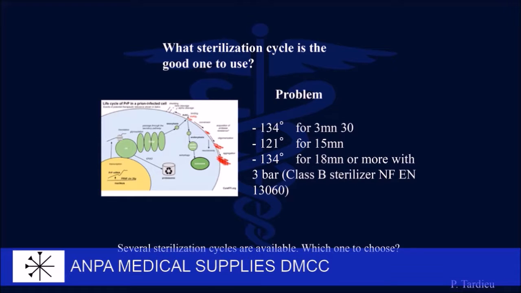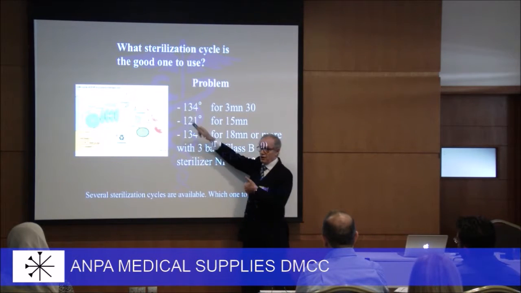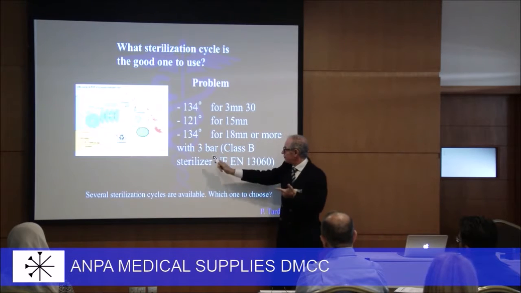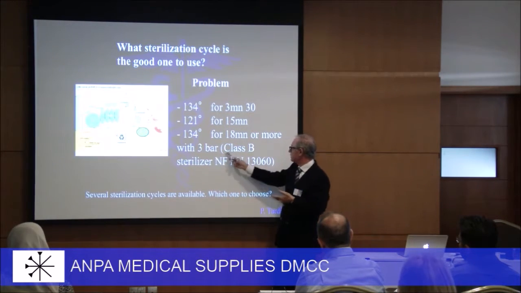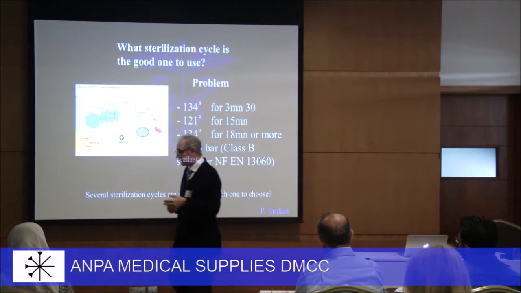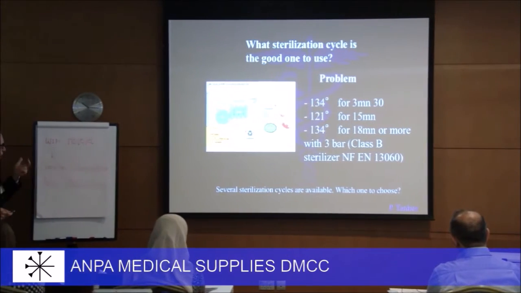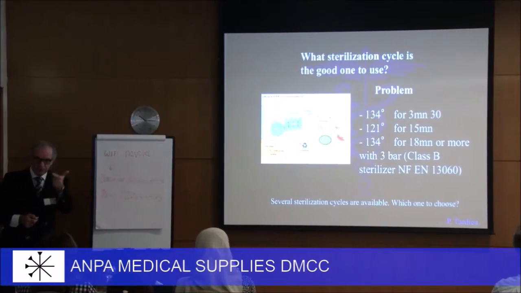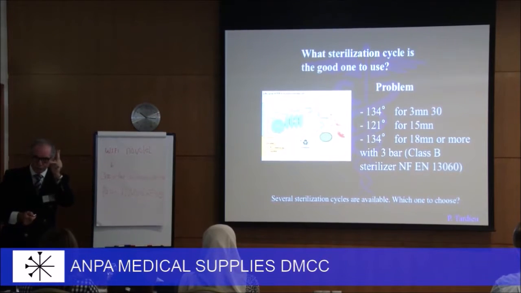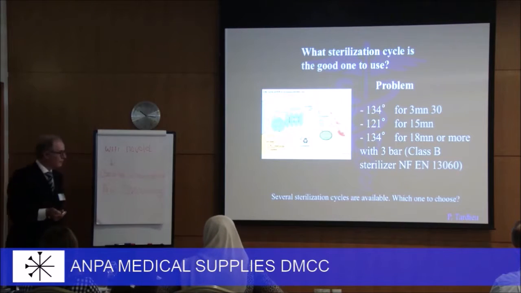Now you have something else: not only the temperature and the time, but also the pressure. So these are three things, and these are in a Class B sterilizer, which I strongly recommend you use. You need to prove the temperature, the time, and the pressure. And you need to prove something else, I will tell you after. You need to prove four things.